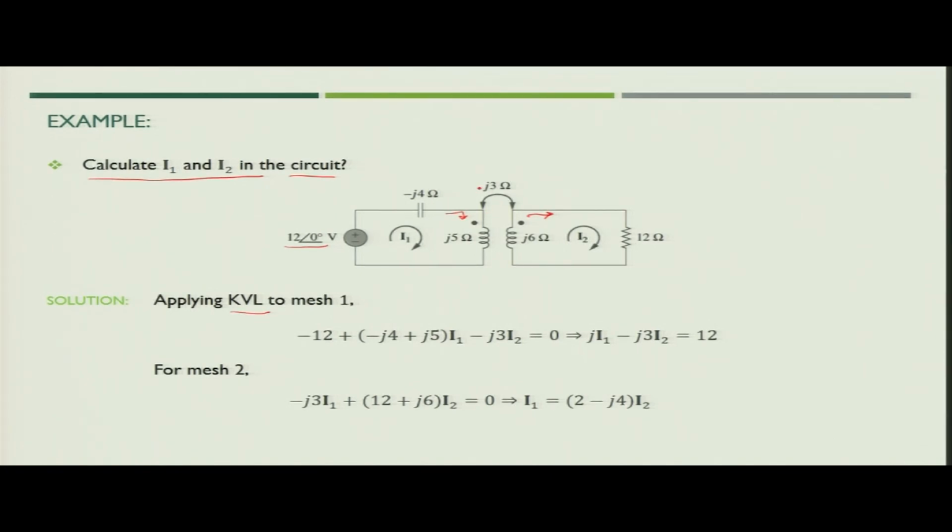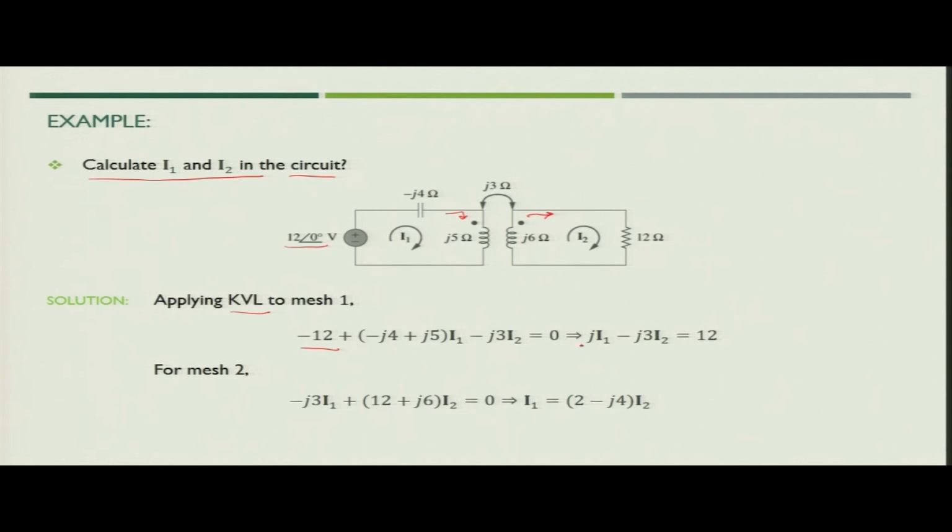So, we will write minus J3 into I2 for this, and minus J3 into I1 for the second coil. For mesh 1 you can write minus 12 plus (minus J4 plus J5) into I1 minus J3 into I2 for the mutual voltage.